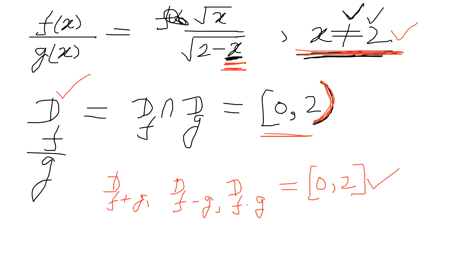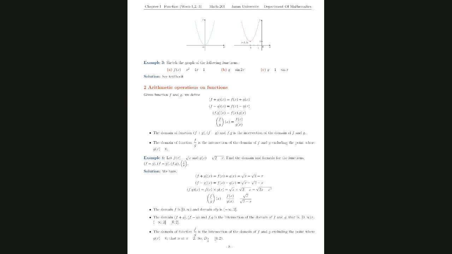Right? So this is how we find the domain. Remember the rules. Okay. See this one. The domain of F plus G, F minus G, and F times G is 0 to 2.